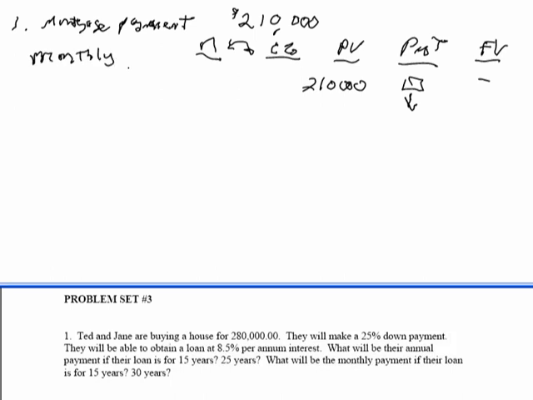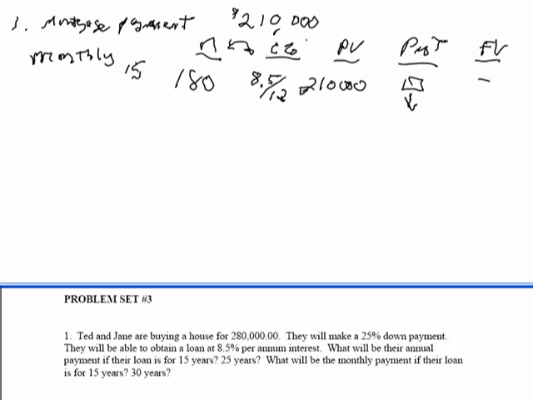And the first one would be for 15 years. So 15 times 12, that gives us an N of 180. The interest rate is 8.5 divided by 12 this time. So divide by 12 and hit enter directly into the interest rate register.